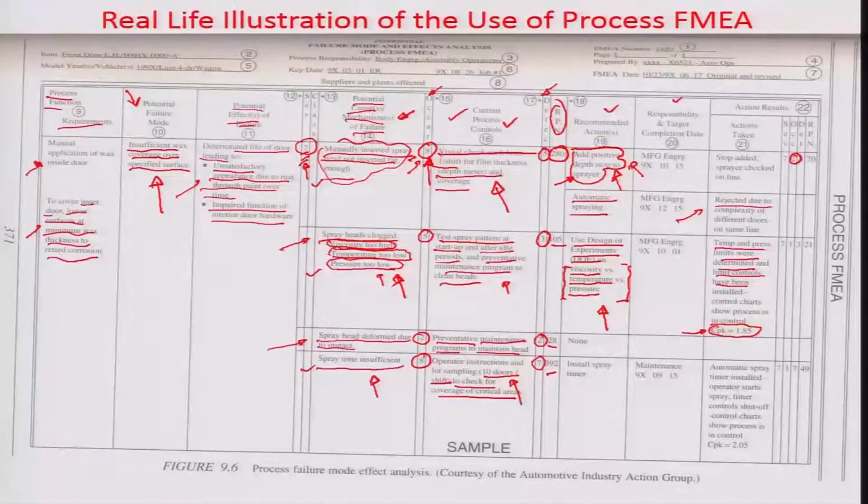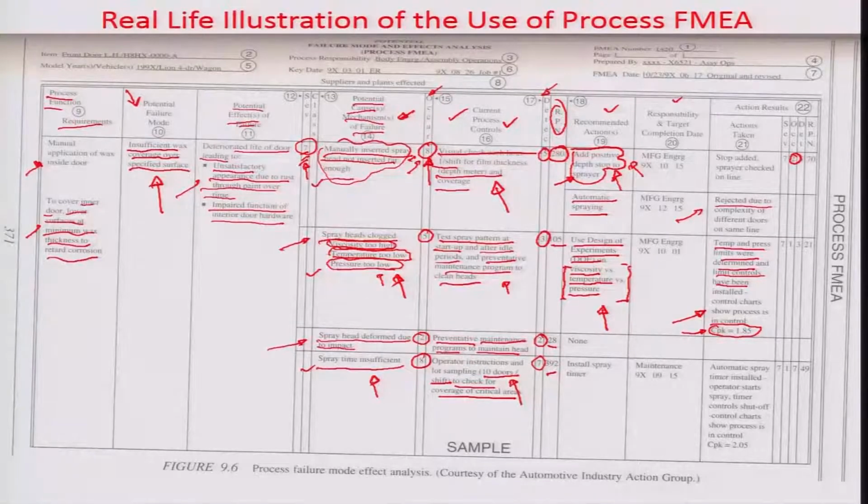So it's recommended that a P chart be plotted in this particular case in order to maintain the deviation, if any, from the optimized parameters which have been found out using the DOE.